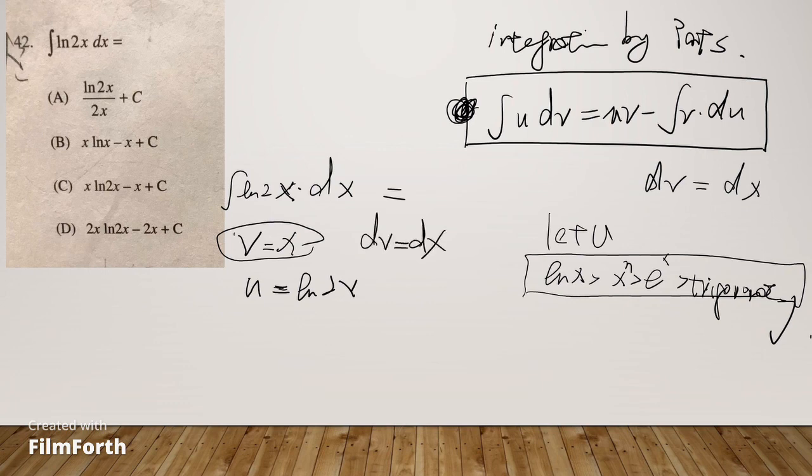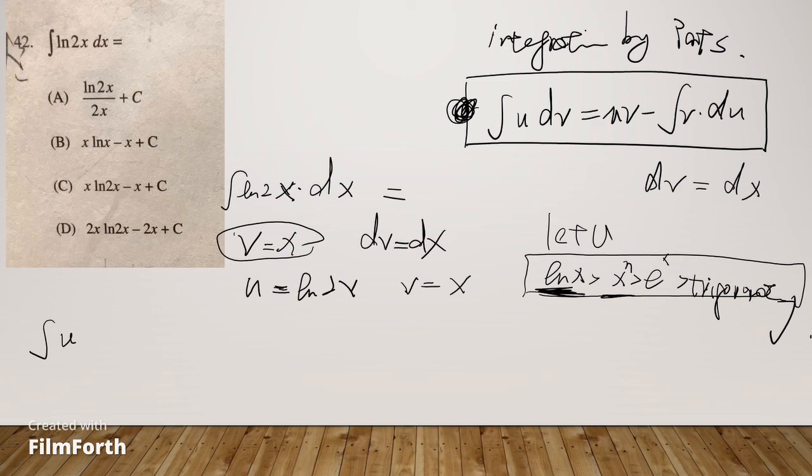Okay, in our case, because ln of x is in front of the power of x, we set u equals ln of x, and v equals x. So we write it.